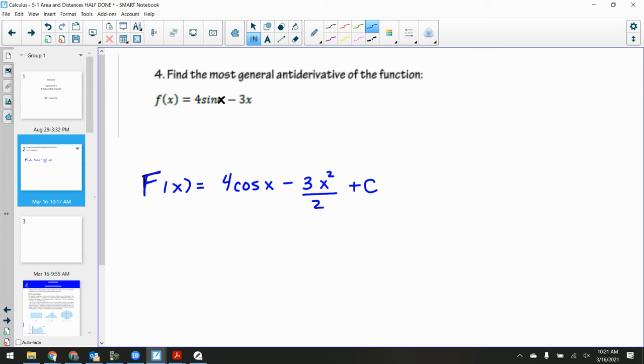To correct that, I would have needed negative cosine x, because the derivative of negative cosine x will get you back to positive sine x. That's why f of x is going to be negative 4 cosine x minus 3 over 2 x squared plus a constant.